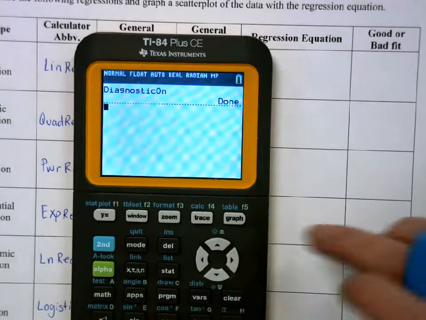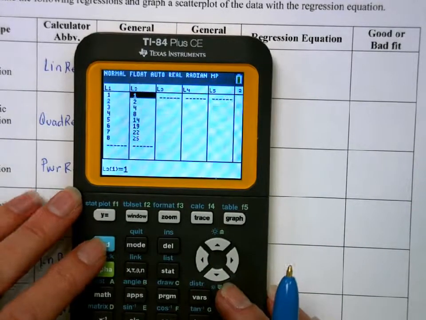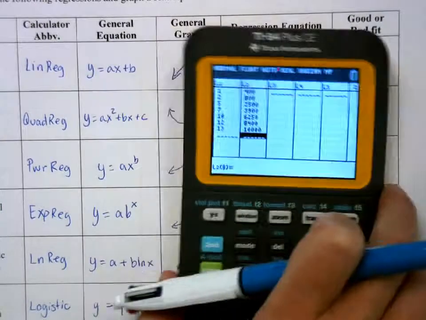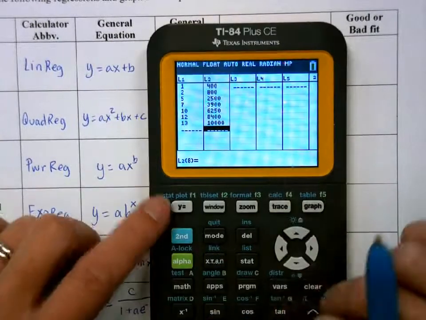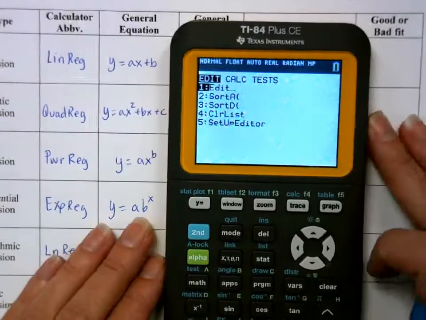Okay, now we're going to do these different regressions. So we're going to go to Stat, Edit, and enter in our new data. Okay, so we've entered in our data, and we're going to do each of these regressions, starting with a linear regression. So second, calc, we want to do a linear regression.